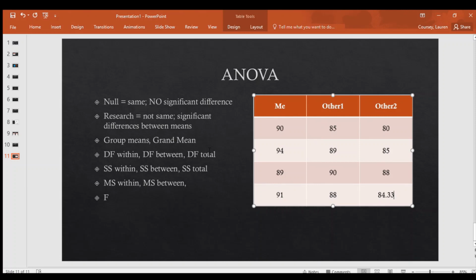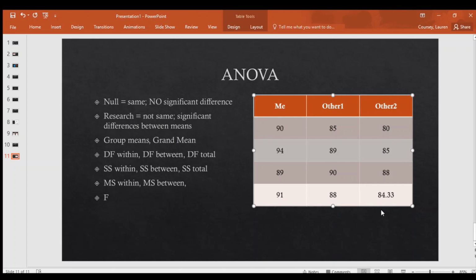Another thing that I'm going to want to calculate is what we talked about here, this grand mean, which is the mean of all 9 numbers. So I would take all of the grades for this data set and add them together: 90 plus 94 plus 89 plus 85, 89, 90 plus 80, 85, and 88, to get my total grand mean.